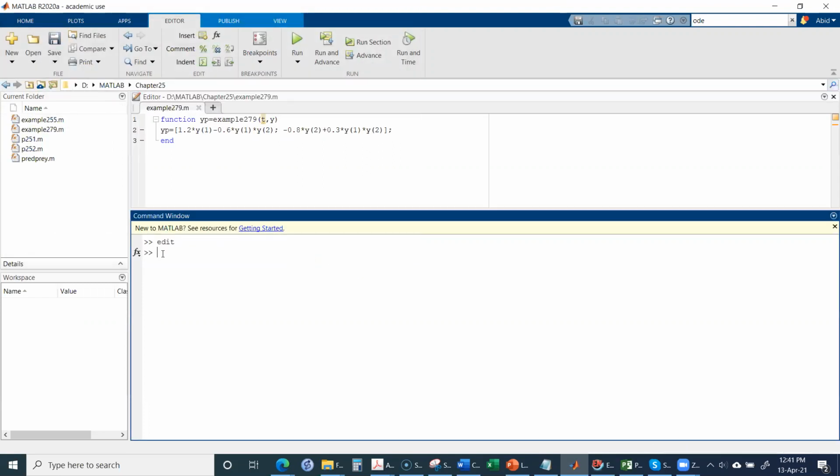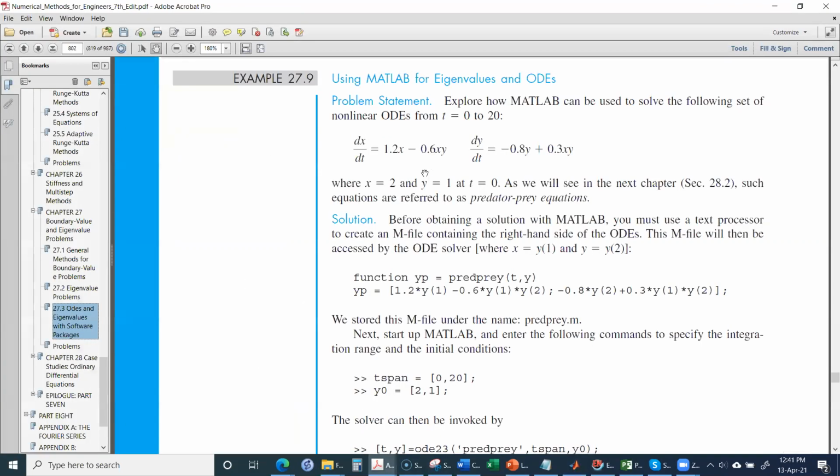Now for this system of equations, at t equal to 0, x was 2 and y is equal to 1. So the initial values are 2 and 1, and the range of values is t from 0.